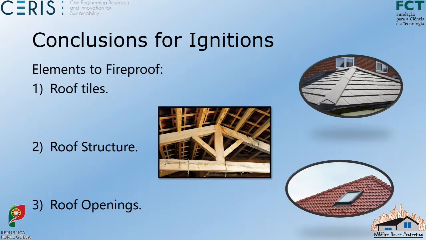But conclusions for the ignition. So elements to fireproof, basically on the roof, is the roof tiles. These need to be at least some level of fireproof. The roof structure, we recommend not using wood structure, although it is possible, we recommend not using it, and avoid any roof openings. Even if the entire roof opening may be fireproof, this is a weak spot on your roof.